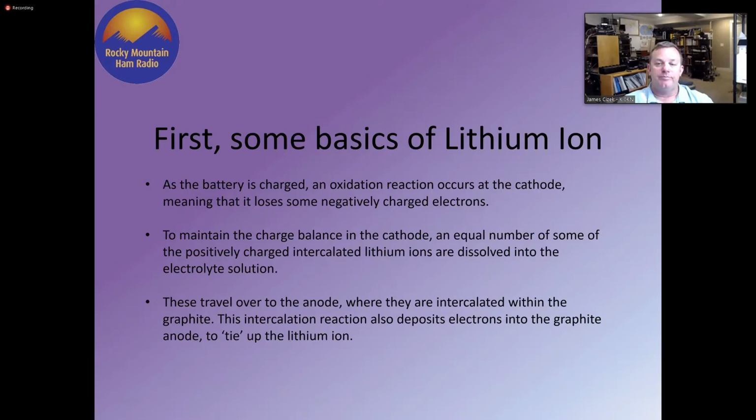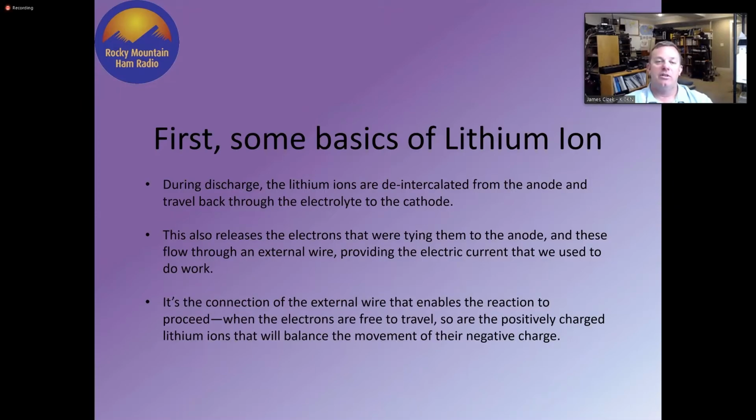Again, I won't read this to you with all the boring chemistry stuff here. During the charge and discharge process, we're still moving the electrons back and forth. Electrons are free to travel, so the positively charged ions will balance the movement of the negative charge.